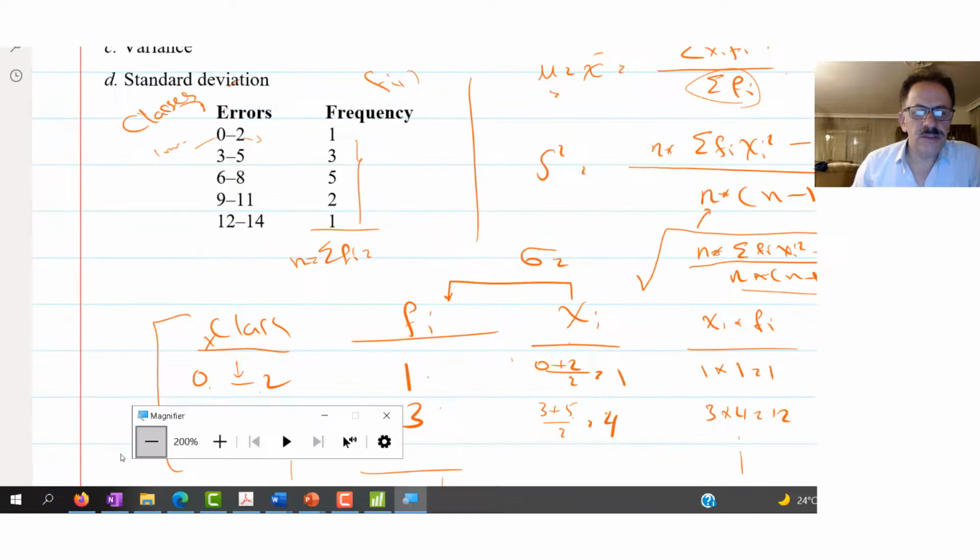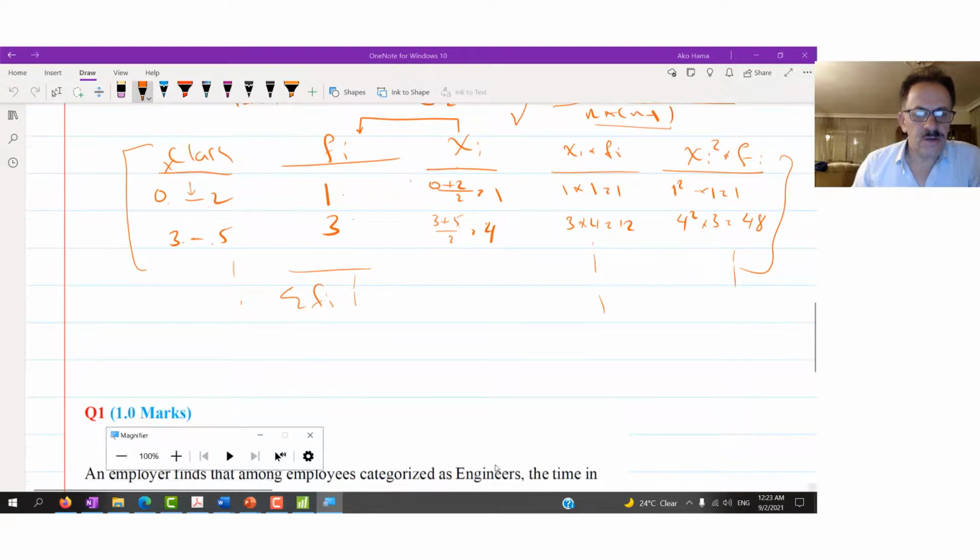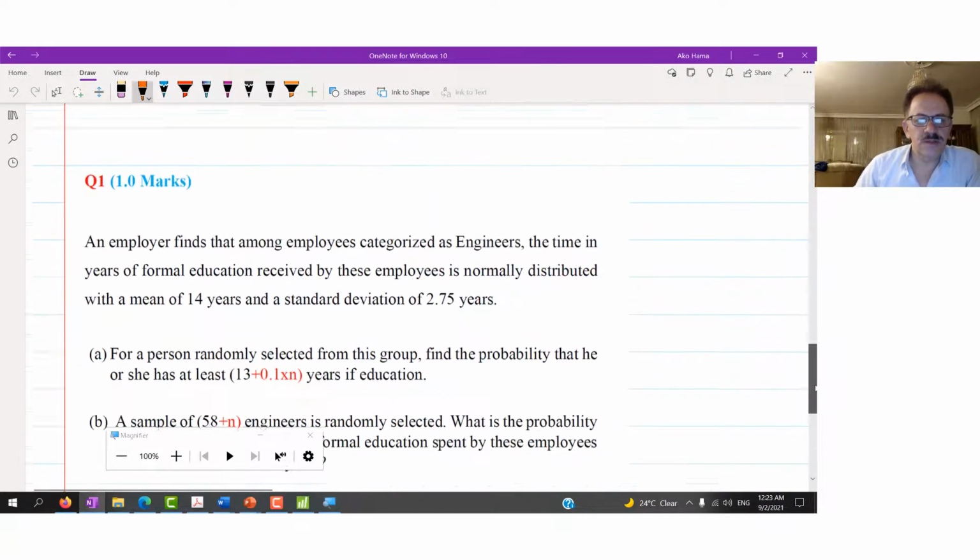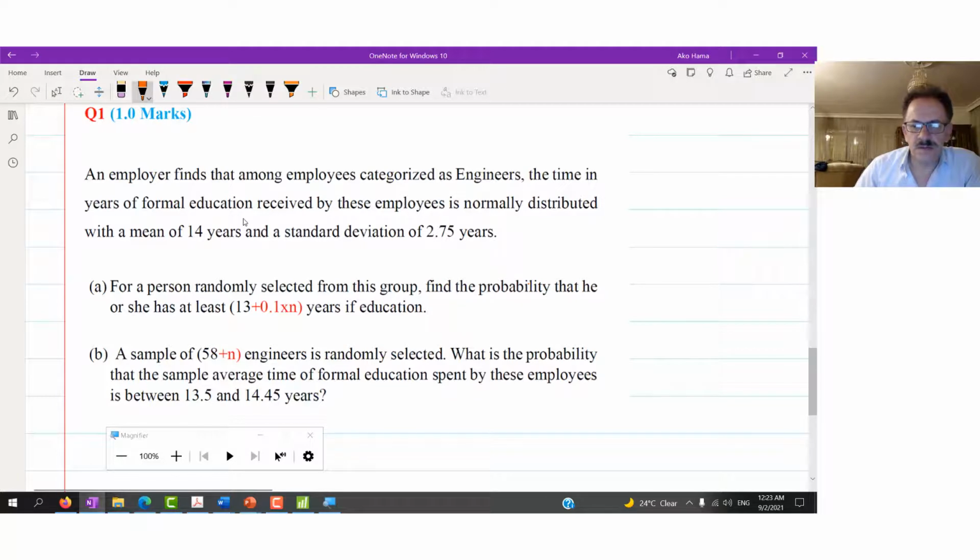The other question that I want to find when you are using Minitab is this question.